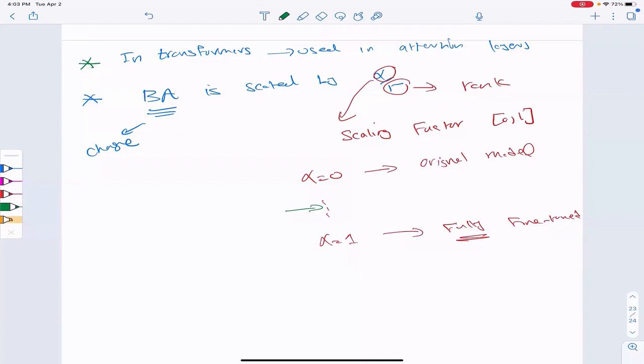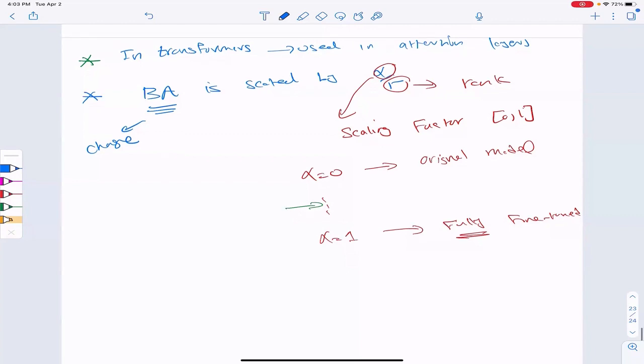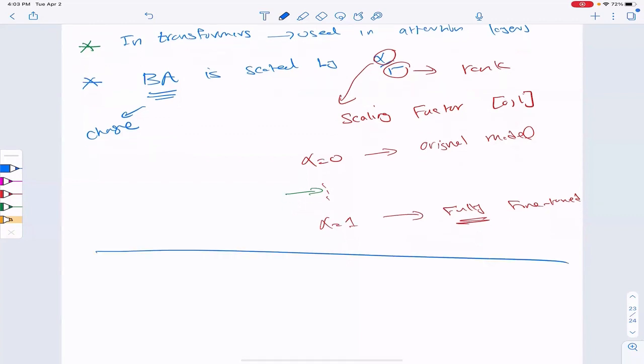In fact, you can look it up, there are some really interesting adaptations of diffusion models using LoRAs based on particular data.